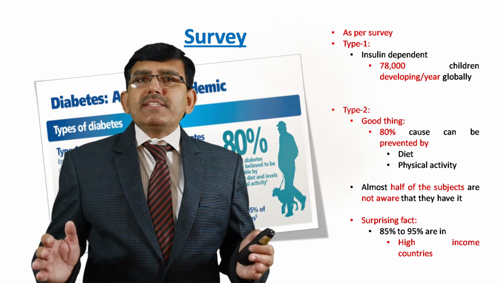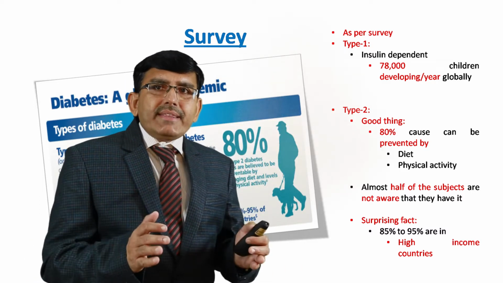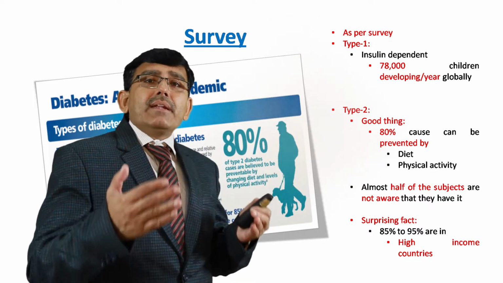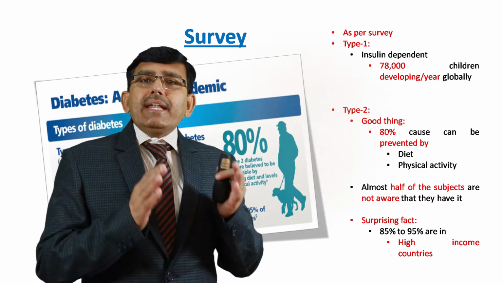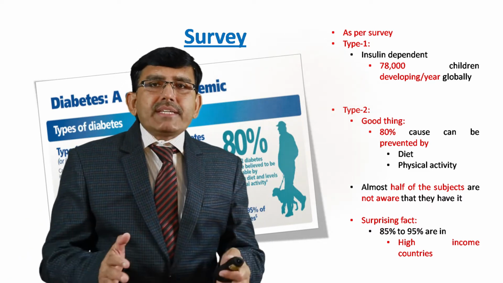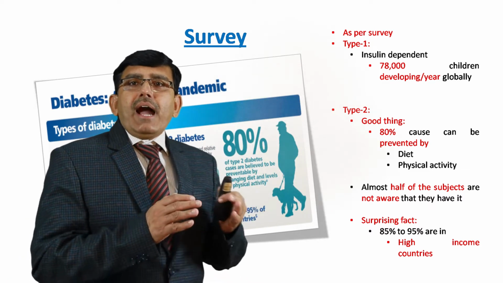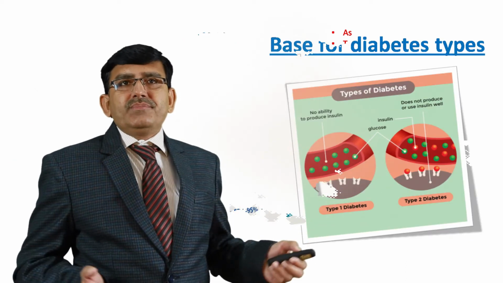Almost half of the subjects are not aware that they have type 2 diabetes. The surprising fact is that 85 to 95% of subjects are in high income countries.